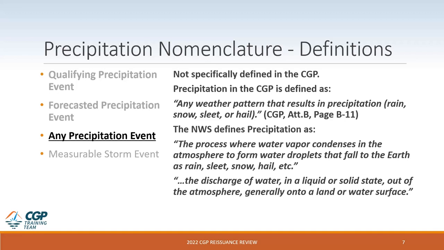The National Weather Service, on the other hand, defines precipitation as the process where water condenses in the atmosphere to form water droplets that fall to the earth as rain, sleet, snow, or hail. And also it defines precipitation as the discharge of water in a liquid or solid state out of the atmosphere, generally onto the land or water surface.